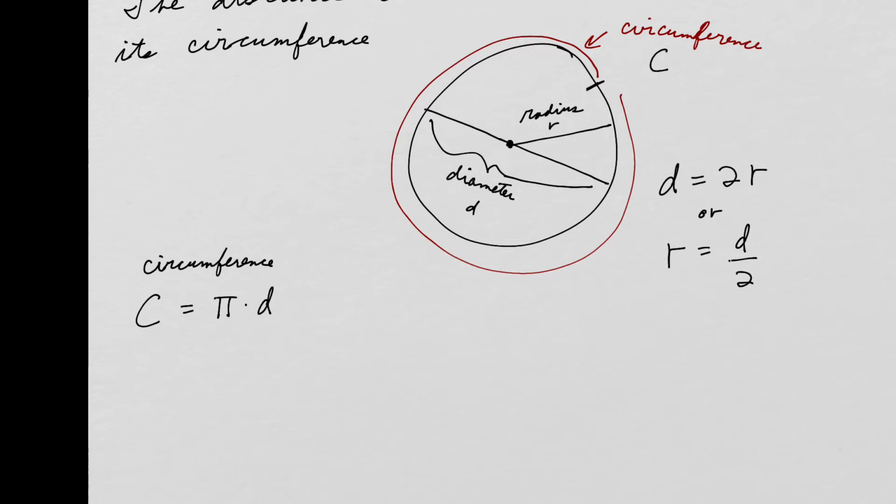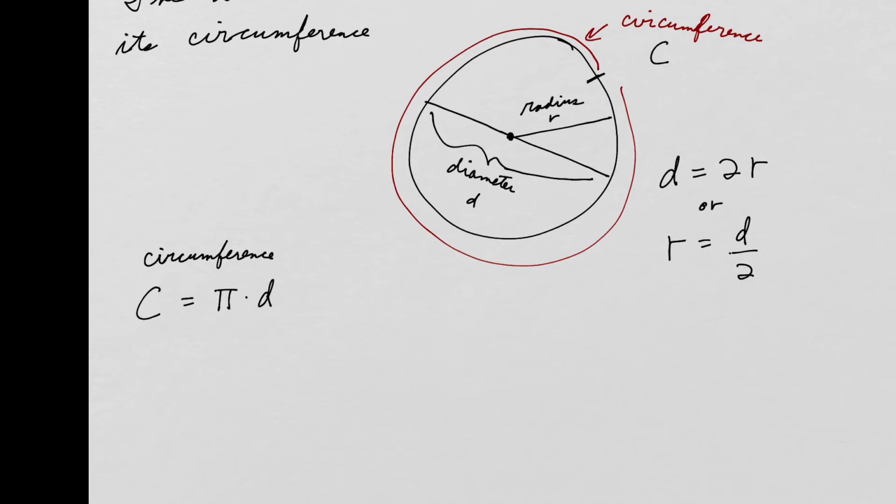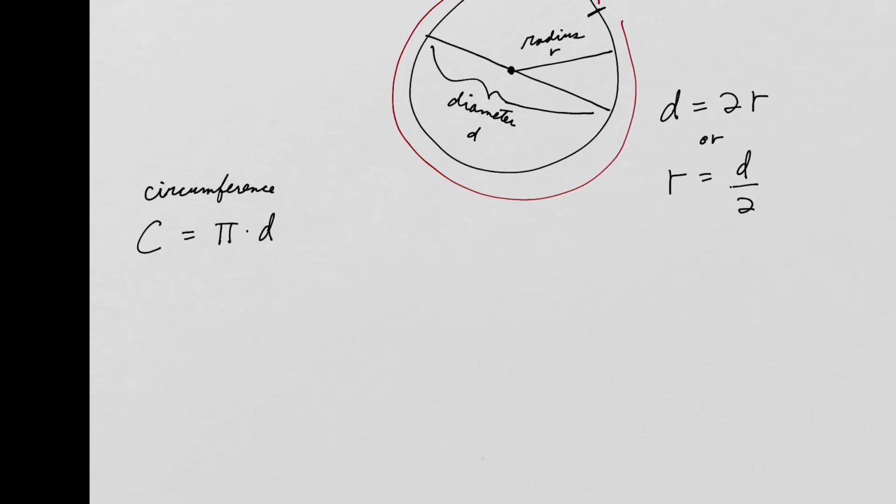Or since we know the diameter is 2 times r, you could say pi times 2r, but we usually write it in the order of 2, then the pi, then the r. Because remember, this diameter is simply 2 times r, and I'm just rearranging the order because I'm multiplying everything. Usually you'll see the formula as 2 pi r, or pi d, either way.